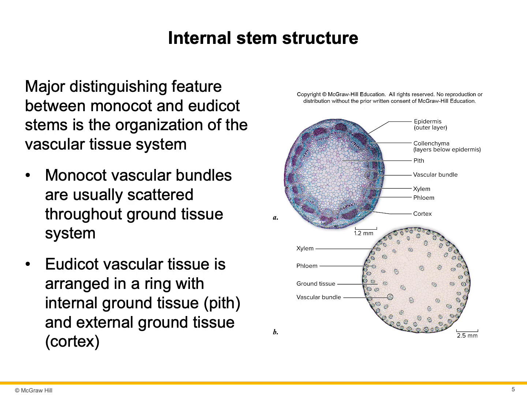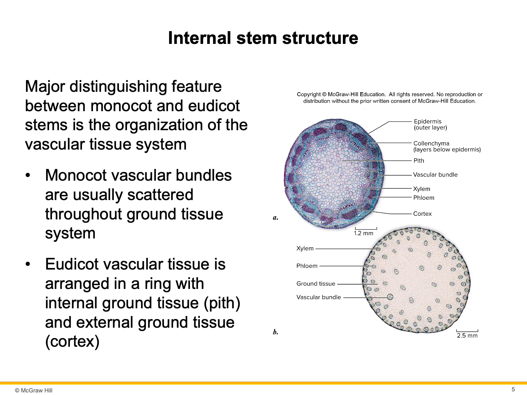But in eudicots, these vascular tissues are arranged in a ring with internal ground tissue called pith and external ground tissue called cortex. You can see both pith and cortex in the upper picture A, which is a cross section of a eudicot stem.